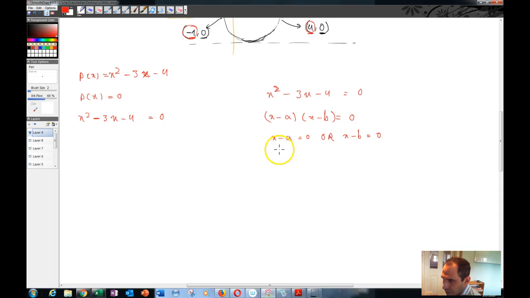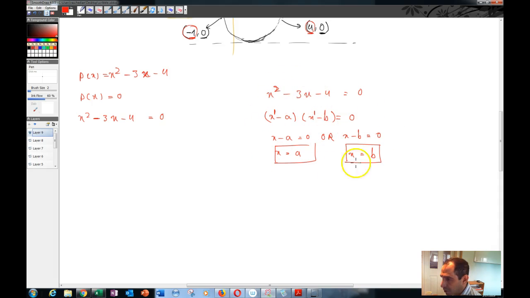And what that means is that x is equal to positive a, and here x is equal to positive b, and those are the two zeros that you are looking for. As you can see, both x minus a and x minus b are polynomials, but first degree polynomials. But over here I have a second degree polynomial.